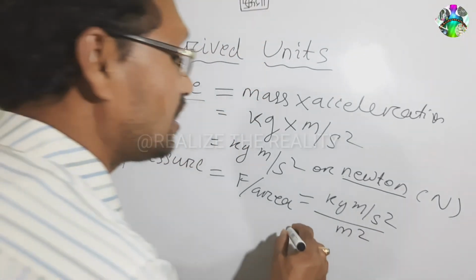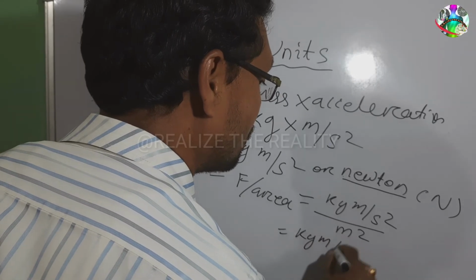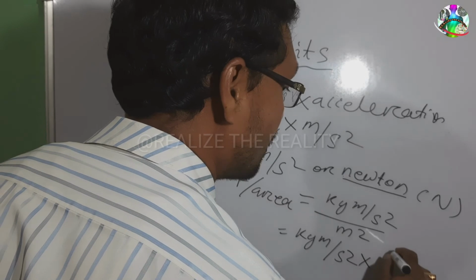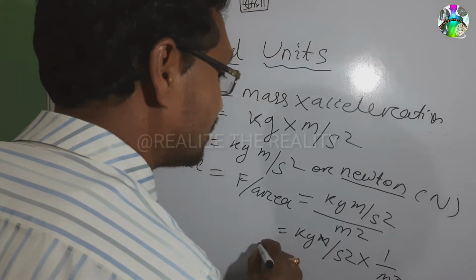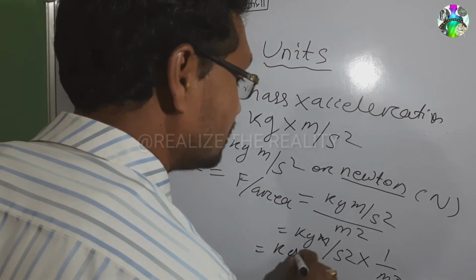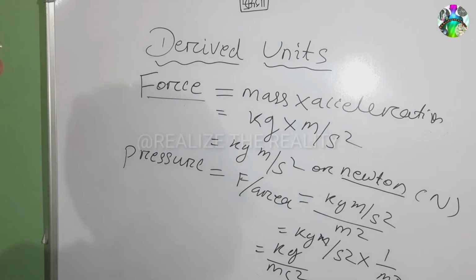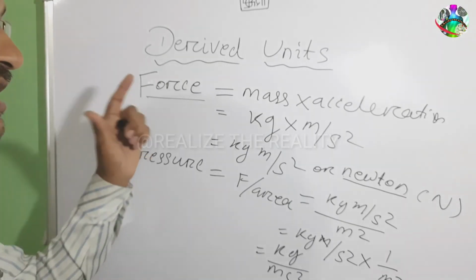So what can you write now? Kg meter per second square into 1 by meter square. So meter cancels. So we can write here kg per meter second square. So these are the different fundamental units we use for measurement of a derived unit.